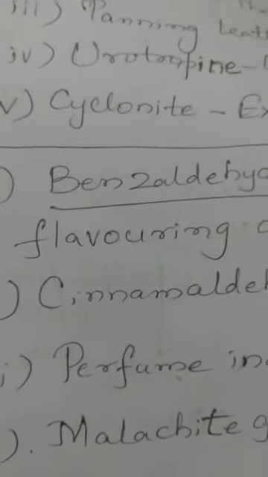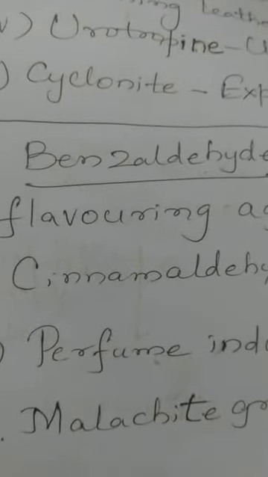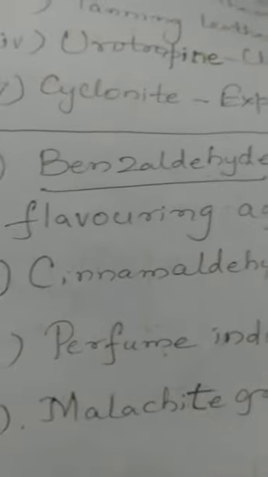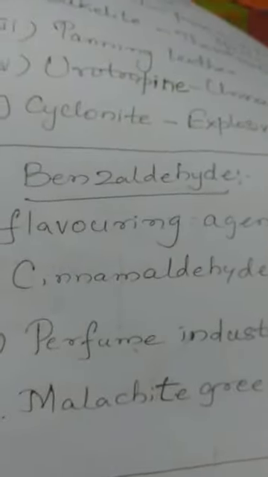Now coming to the aromatic aldehyde, benzaldehyde. As you all know, benzaldehyde has the odor of bitter almonds. Therefore, it is used as a flavoring agent wherever that flavor is required.